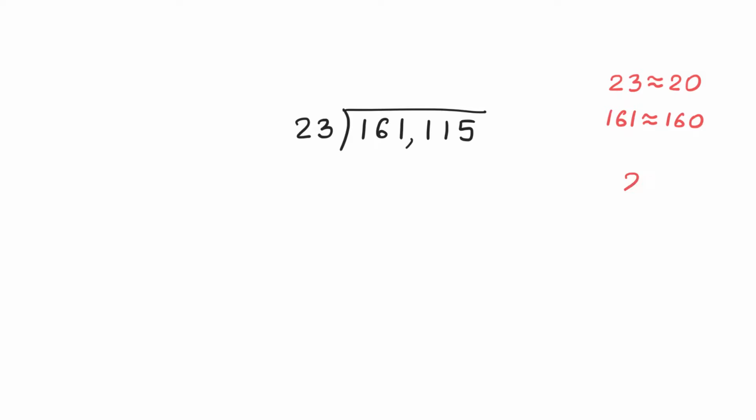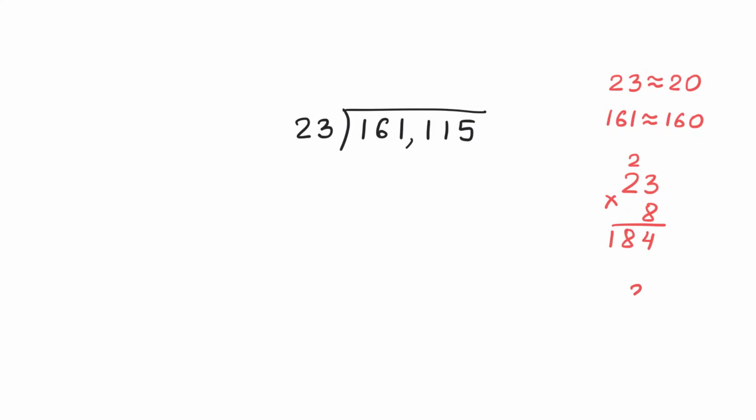Now, let's multiply 23 by 8 and see if we get a number that is not greater than 161. 8 times 3 is 24. We will write 4 and we will carry 2. And 8 times 2 is 16, and 16 plus 2 is 18. This number is definitely larger than 161.